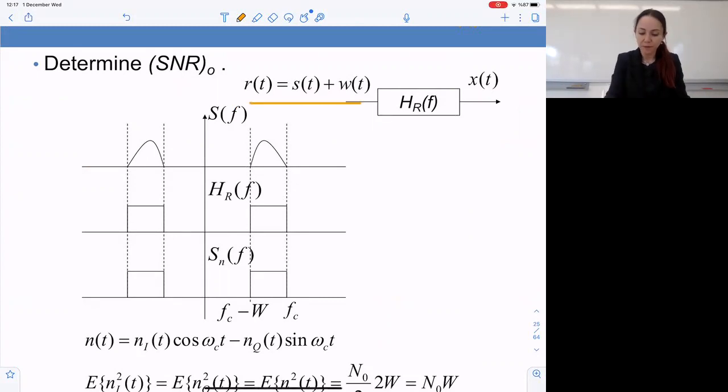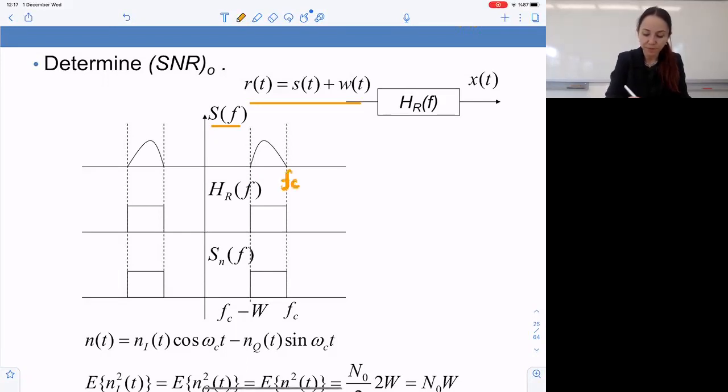We have this modulated waveform PSD. Notice that we are using a filter that is not symmetric around FC, because in this picture we are focusing on lower sideband modulation.